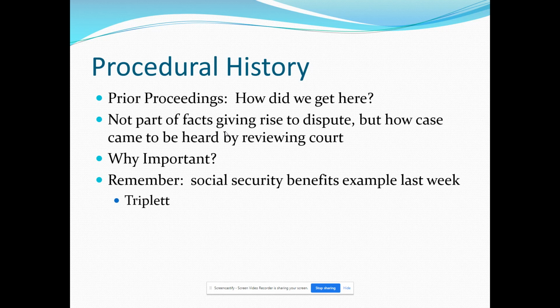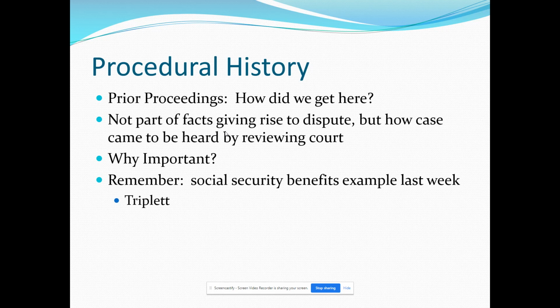There was a motion to have these statements admitted into evidence under an exception to the rule against hearsay, and that was denied, for at least, what was it, 8 of the statements? So that becomes the legal issue. So it's not that Peterson allegedly murdered his wife, but how did we get here? How did we get to the appeal?